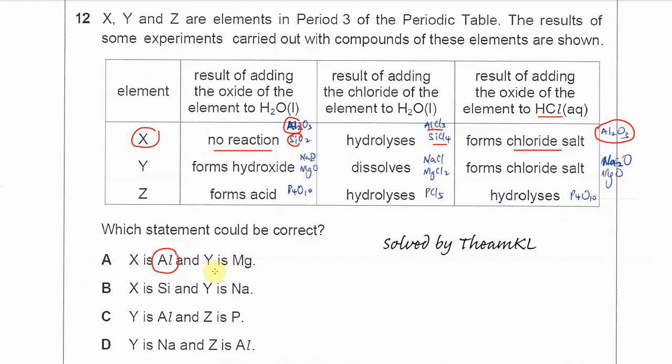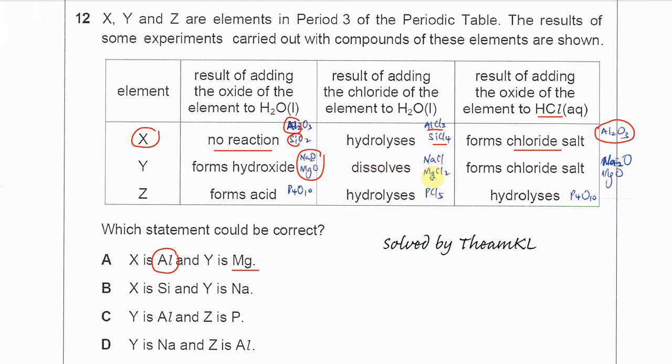Okay, let's check whether Y is magnesium or not. Y forms hydroxide when it's added to water, meaning the oxide Y is just either sodium oxide or magnesium oxide. And if we know it's sodium or magnesium, how about its chloride?